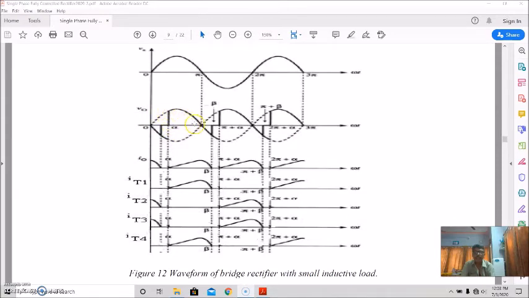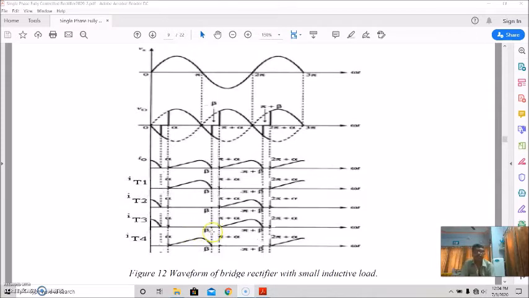This will be the conduction, and due to the presence of the inductance, current will flow in the negative direction, and as a result the output voltage waveform is like this. We have discussed that in our earlier RL circuit discussions for the center tap type also.